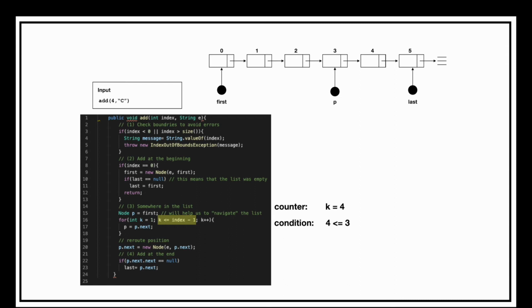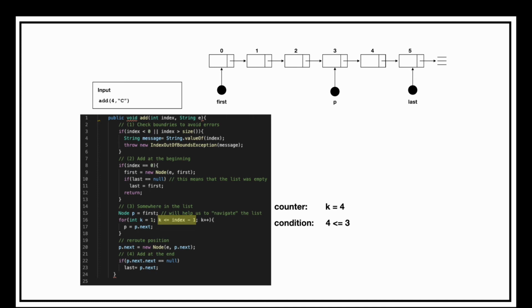We already set p right before position 4. Remember that we want to add the value C at position 4. So the purpose of lines 15, 16, 17, and 18 is to locate ourselves right before the position where we want to insert. This is in order to avoid a disconnection of the rest of the list.